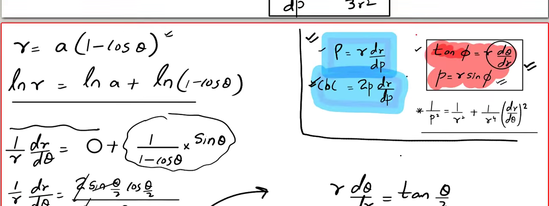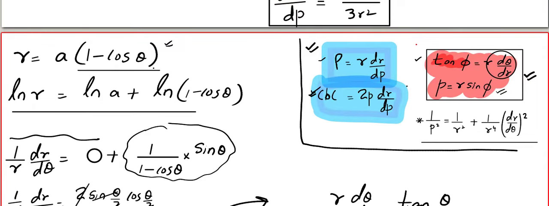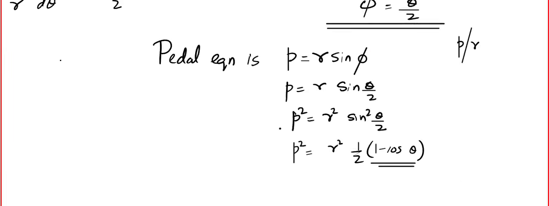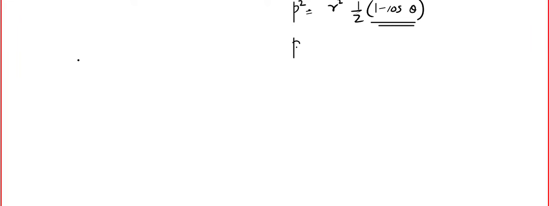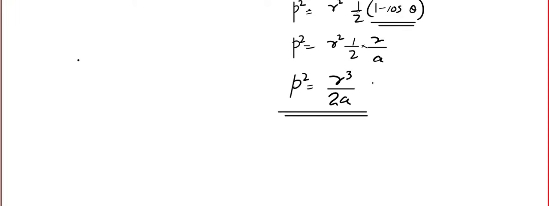I think I saw that somewhere, 1 minus cos θ is r by a. So we get p squared is equal to r square into 1 by 2 into r by a. That is, p squared is equal to r cube whole divided by 2a. That's it. That's the required pedal equation.